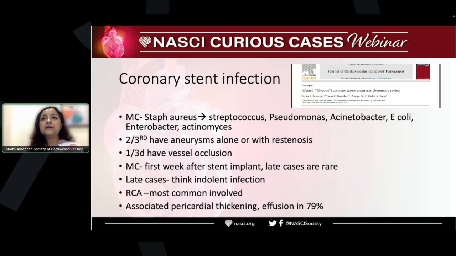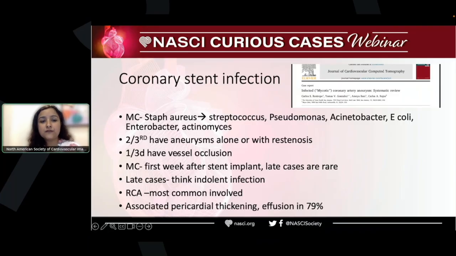Many a times it can happen after dental implants, or there is some sort of septicemia, bacteremia. It is extremely rare to have this chronic stent infection in a healthy person, so there is some amount of immunocompromised status involved. But this particular patient was absolutely fine, he's healthy, but still he developed this.